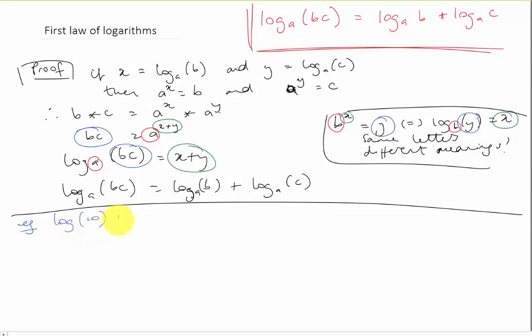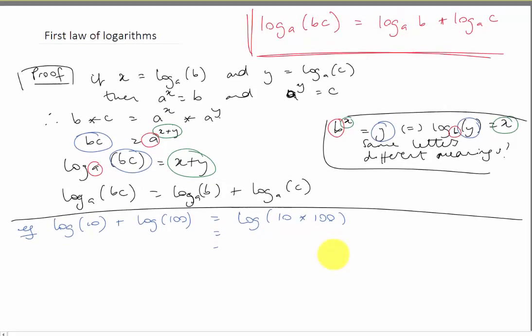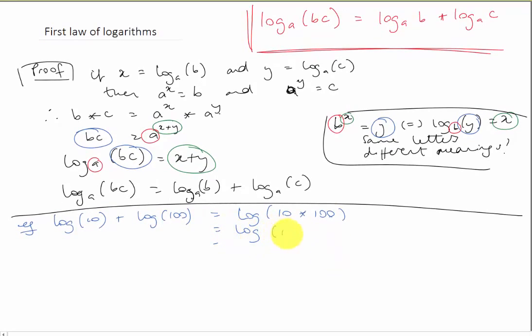So we've got log of 10 plus log of 100, which we're saying using this equation is the same as log of 10 times 100, which is log of 1,000, and 1,000 is 10 to the power 3, so that is equal to 3. So log base 10 of 10 to the 3 is equal to 3.